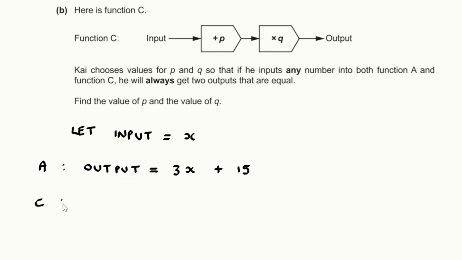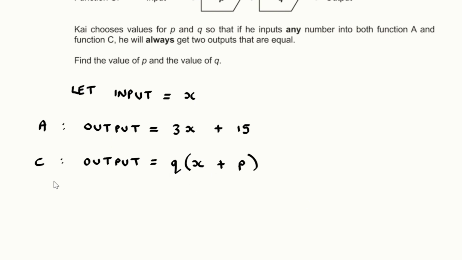With function C, our output, well, we input x, we add p to it, we multiply this by q. This is our output when we input x.